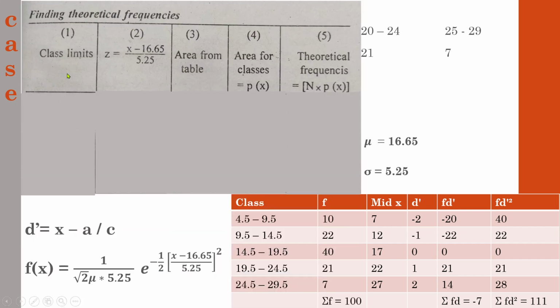First one is class limits, second one is the z equation, z equal to x minus mu divided by standard deviation. We already found mu and standard deviation 5.25. Next one, area from the table. We will discuss that part, and after that area for classes, and finally theoretical frequency. For finding this last column only, we are doing all these steps.